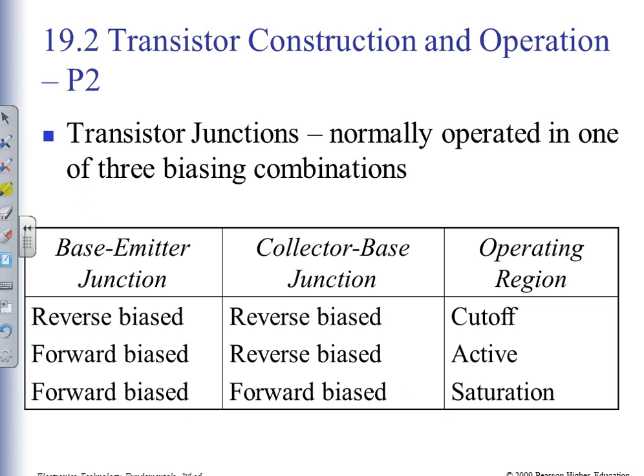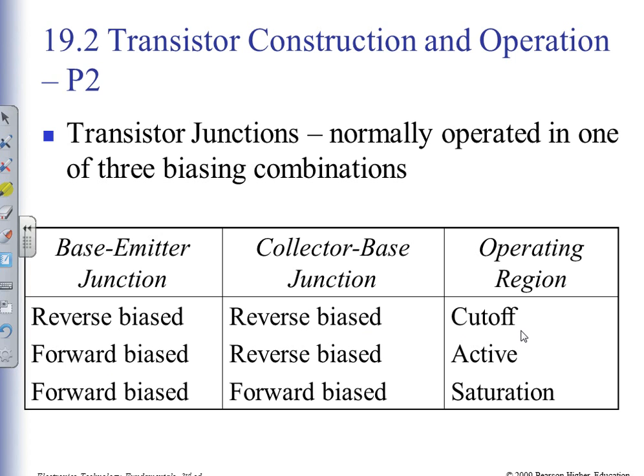Now, operation of the diode. If our base-emitter junction is reverse biased and the collector-base junction is reverse biased, then we're in cutoff. Cutoff means the transistor is not doing anything.